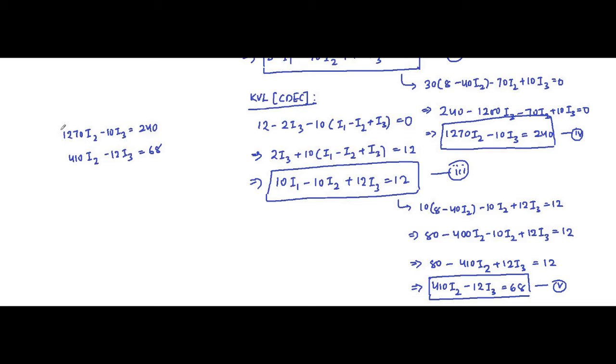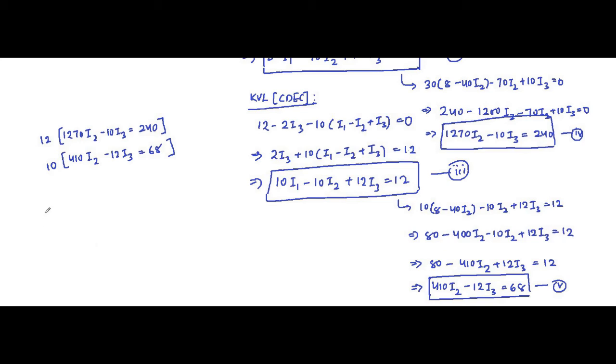For that we will be multiplying the first equation, the top one, with 12 and the bottom one with 10 to eliminate the I3 part. So let us just calculate the equations after multiplication by 12 and 10.